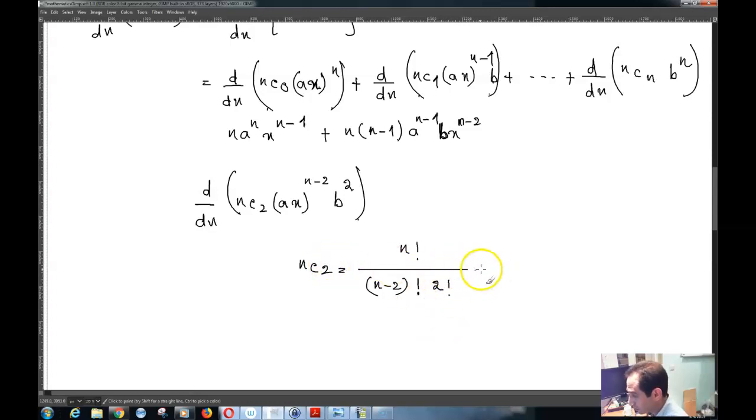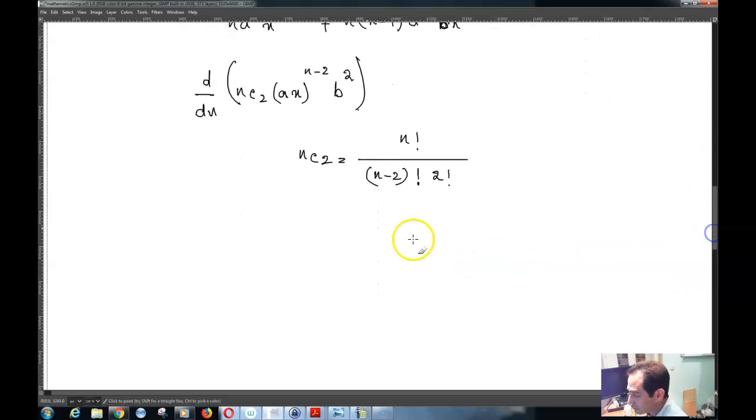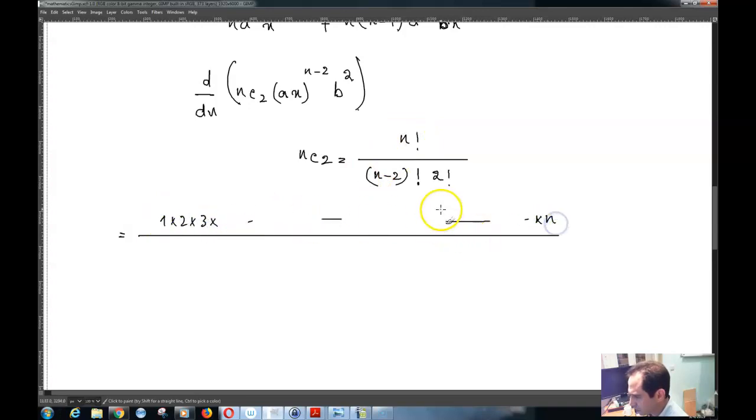So you can rewrite this as, n factorial is just 1 times 2 times 3 times all the way up to n. And n minus 2 factorial is 1 times 2 times 3 times all the way up to basically n minus 2. And before n over here you have of course n minus 1, and you have n minus 2, and you have the 2 factorial over here, which is just 2 times 1.